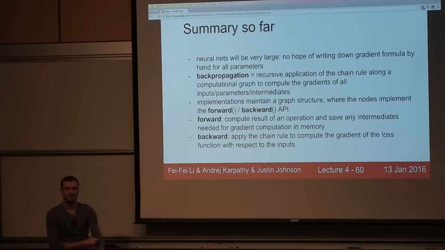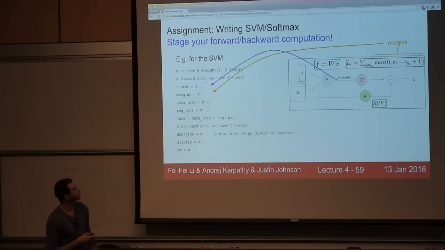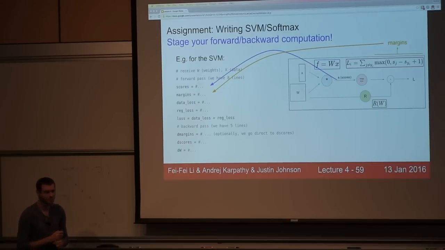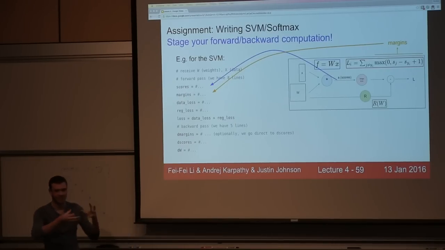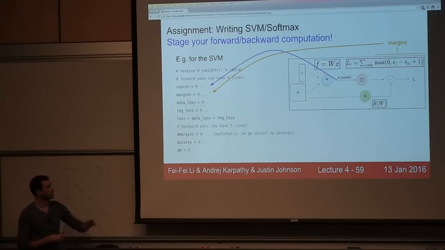Go ahead. Yeah, in the last slide, the summation symbol, is that handled with the fact that we're using matrices instead of vectors? The summation inside Li equals blah? Yeah, so there's a sum there, so you'd want that to be a vectorized operation. Basically the challenge in your assignment almost is how do you make sure that you do all of this efficiently, nicely with matrix vector operations in NumPy?